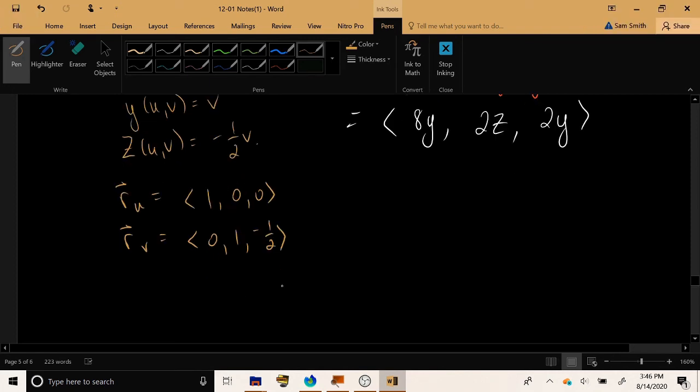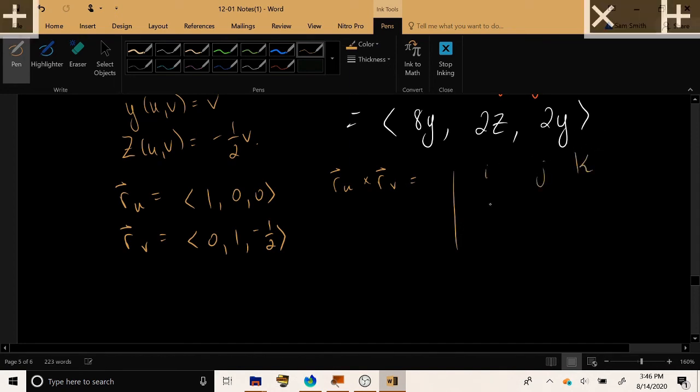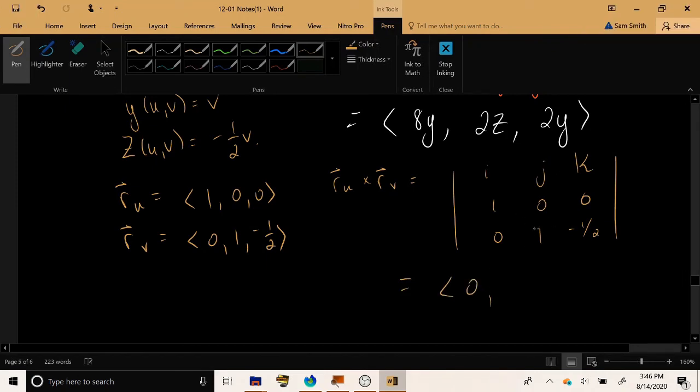So let's go ahead and calculate the cross product, r_u cross r_v, which is going to be the determinant of the matrix i, j, k, 1, 0, 0, 0, 1, minus 1/2. So 0 in the x position, positive 1/2 in the y position, 1 in the z position.